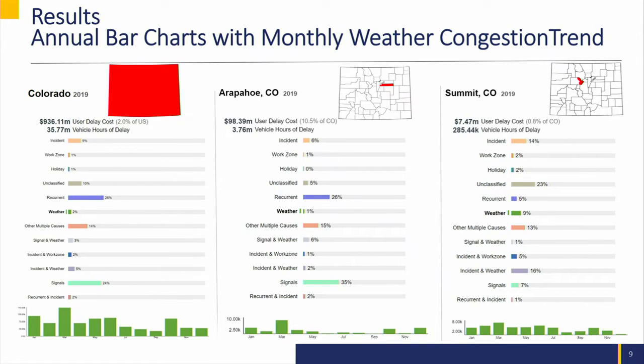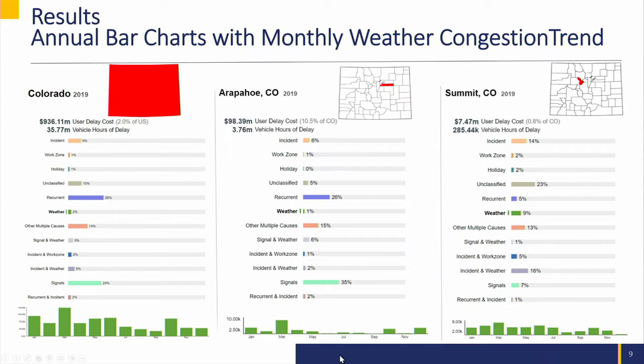So just to go through a few use cases of how this national level tool could be used. You can compare the pie charts for the state of Colorado for the entire year versus Arapahoe County, which is one of the suburb counties east of Denver, and Summit County, which is up in the mountains where the famous ski resort of Breckenridge is located. It's almost 2 miles up.